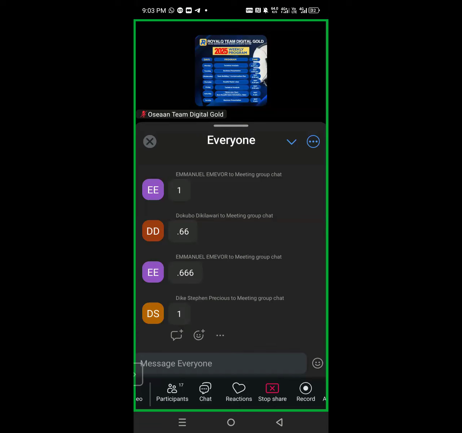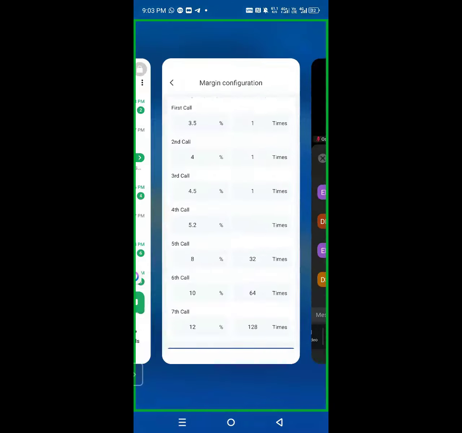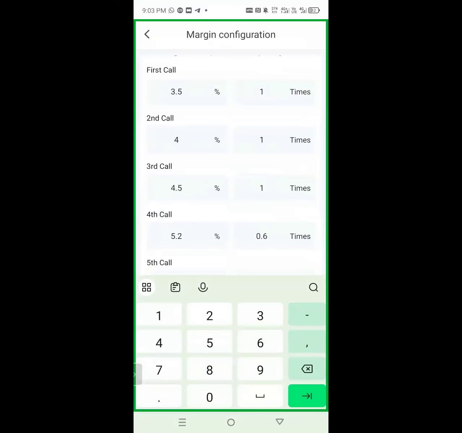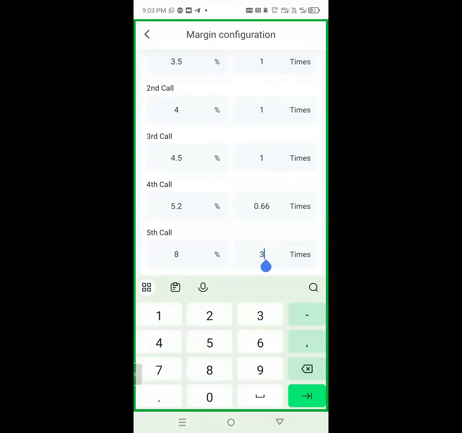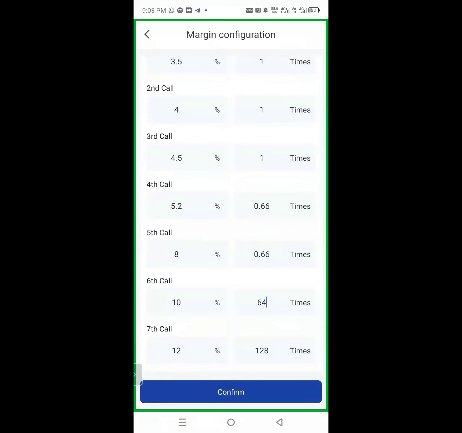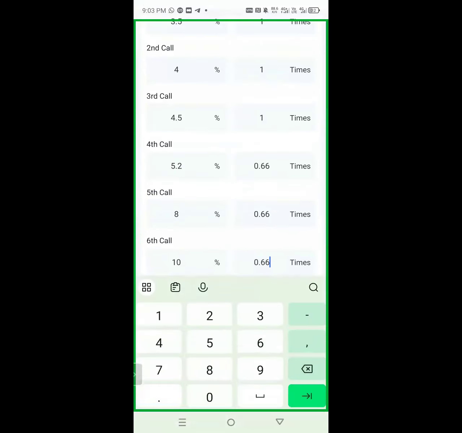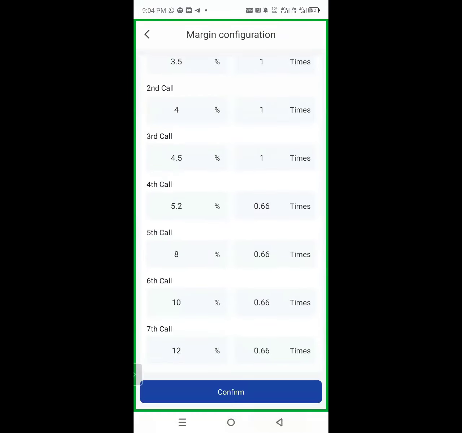So it's 0.66, since we are using the same thing for margin 4, margin 5, margin 6. It's simple to understand. What will you put inside here that when the robot wants to buy the coin, when they multiply it by your first buy amount, that is the money they will go and use.